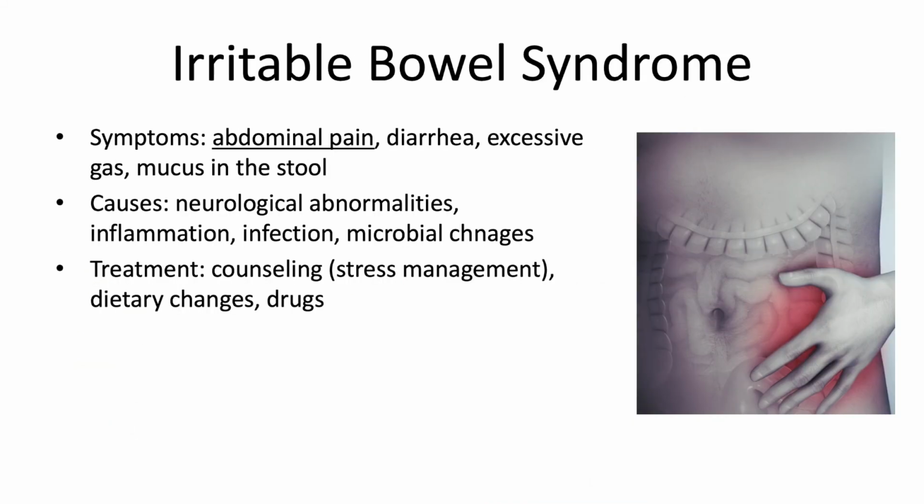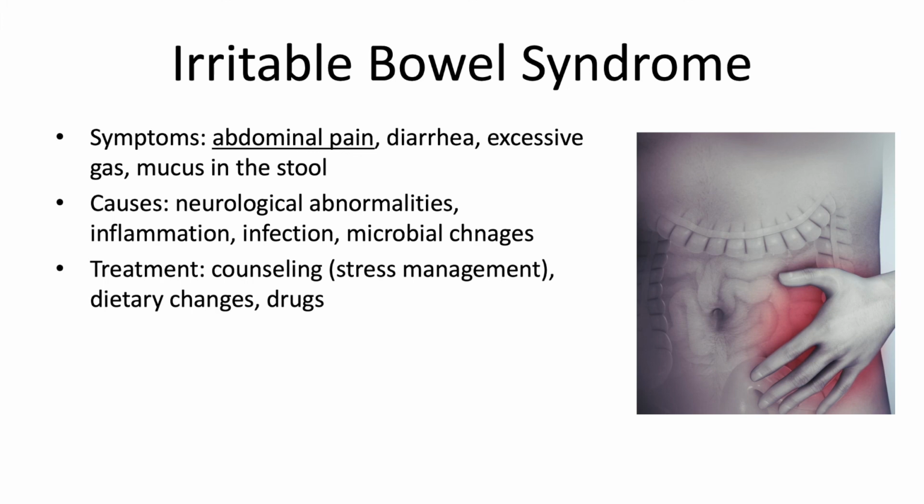Lastly, I would like to highlight a pathology associated with the innervation of the GI tract. Irritable bowel syndrome occurs as an association of symptoms, among which are abdominal pain, diarrhea, or mucus in the stool. It can be caused by stronger contractions in the intestines, inflammation, infection, or changes in the microbiome.